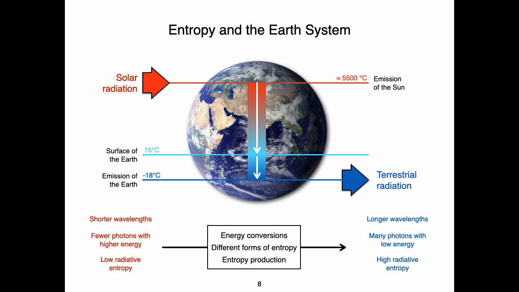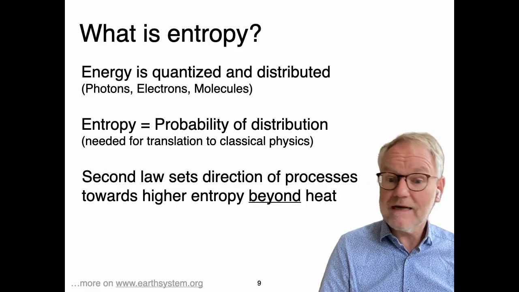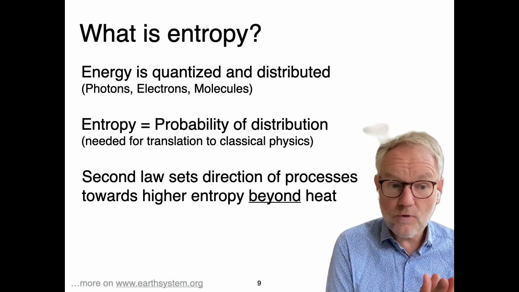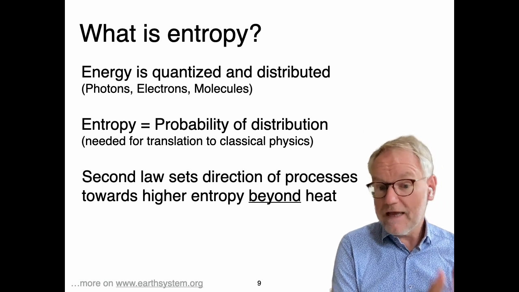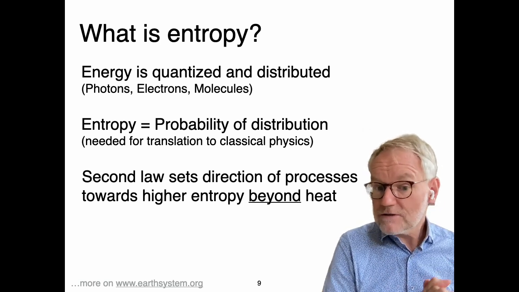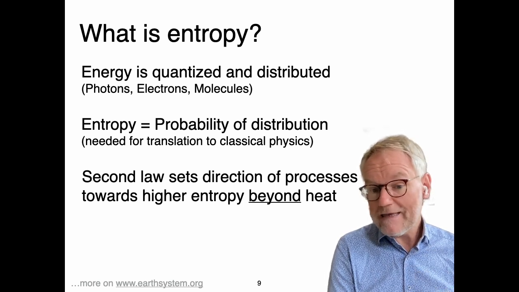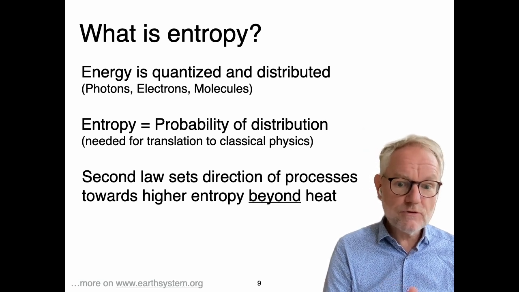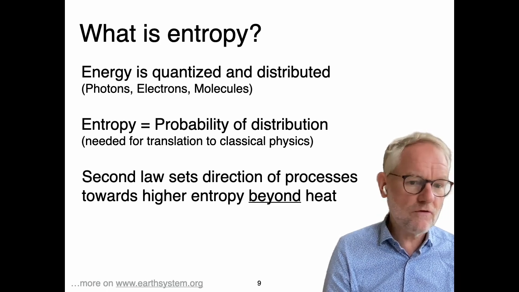So, when we come back to the original question, what is entropy? Well, entropy comes from quantum physics. It is because in the quantum world, energy is quantized and distributed over different modes, and this can be carriers of electromagnetic radiation called photons. We can distribute it over electrons that orbit around nuclei, or we can distribute it over moving modes of motion of molecules.